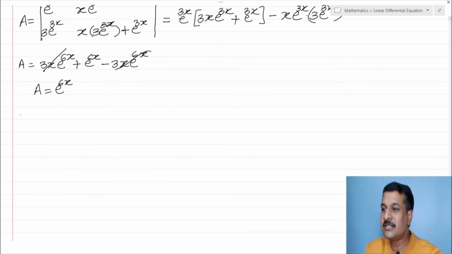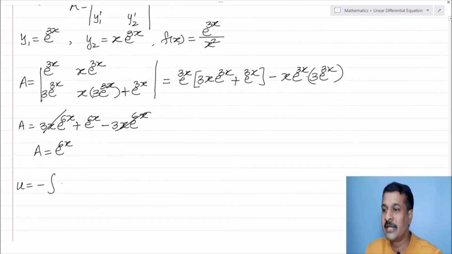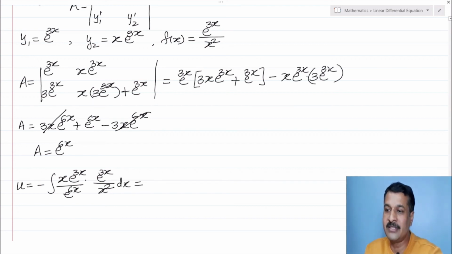So by using these values I can find u equal to minus integration of y2 f of x divided by A. What is the value of y2? It is x e raised to 3x, into f of x, which is e raised to 3x upon x square, and the whole divided by A, which is e raised to 6x. So simplify this and evaluate.